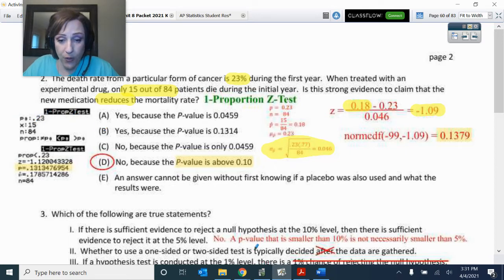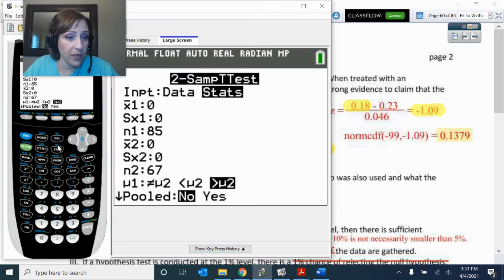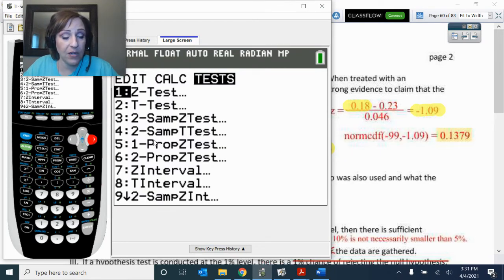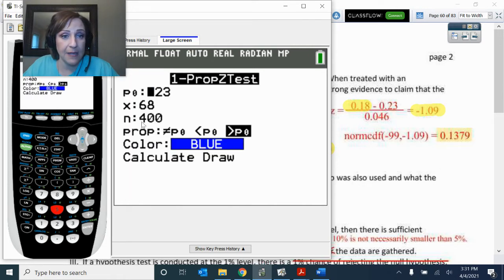And where this looks is down here, number 5, a one proportion z test. And you put your null hypothesis for the p naught, and then you would do your numbers here. I think what was it, 15 out of 84.